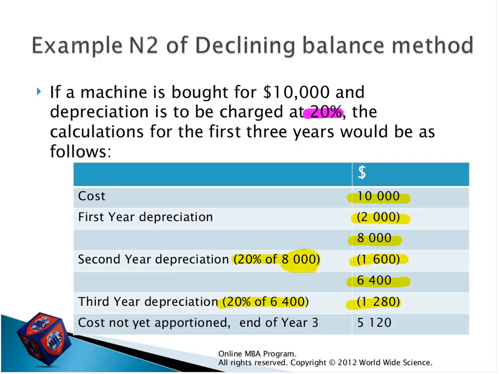And to find the scrap value, just take the depreciation cost for the third year, which is 1,280, and deduct it from your book value at the beginning of the third year, which is 6,400. We will get the scrap or residual value of the machine, which would be equal to 5,120.